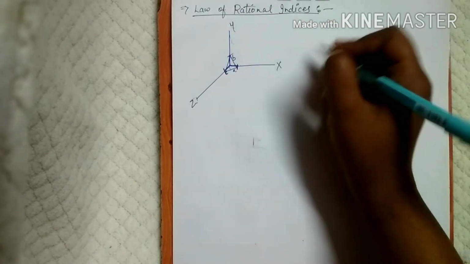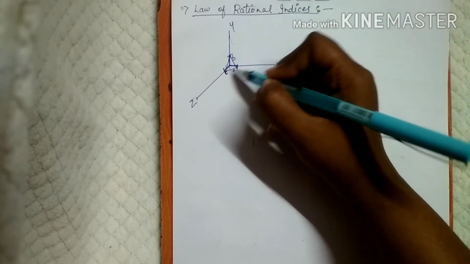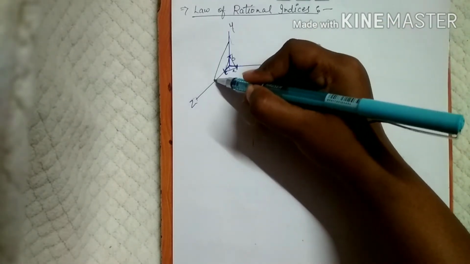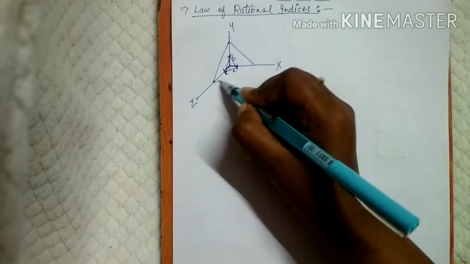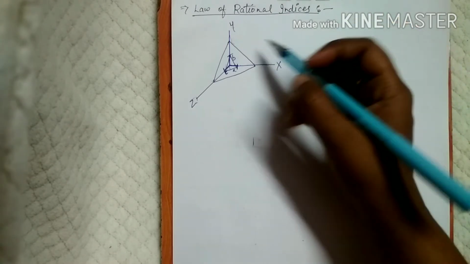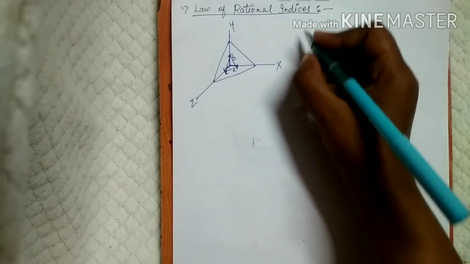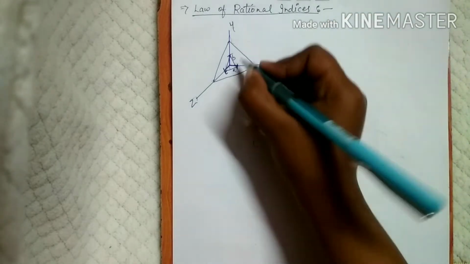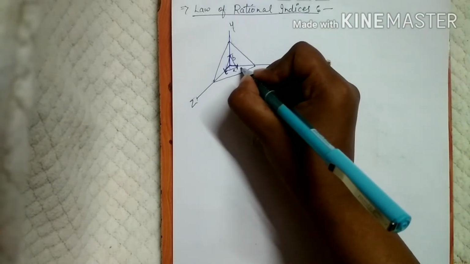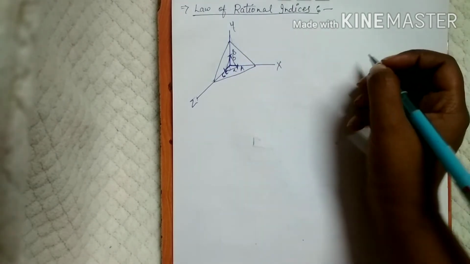So what this law of rational indices says is that suppose this is your smallest plane possible along these 3 directions, then any other plane which we are going to make in these 3 directions is going to have integral multiples of the intercepts. We can write the definition like this. Suppose I'm going to name this small plane as ABC.